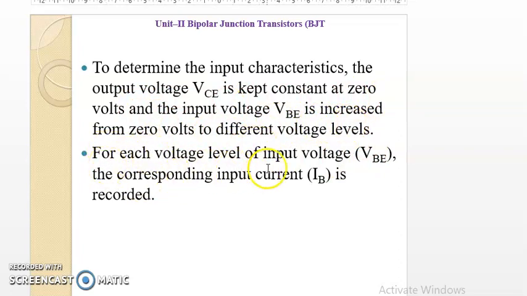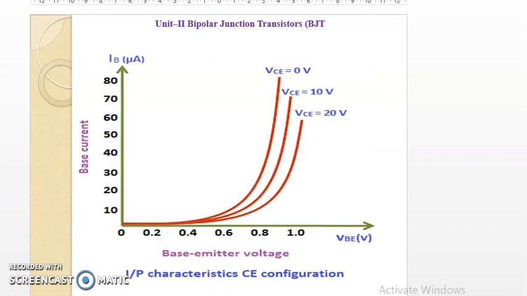For each voltage level of input voltage VBE, the corresponding value of IB, the input current, is to be recorded. From such readings we obtain a graph between VBE and the base current, at a particular constant collector voltage, I mean output voltage.